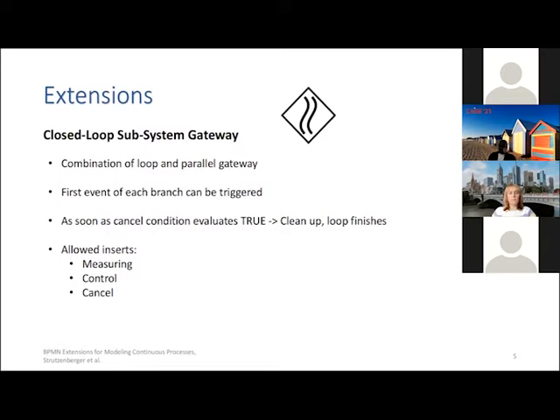It may have multiple branches, each one starting with one newly introduced event type: measuring, control, or cancel. As soon as a cancel condition evaluates true, a cleanup routine may run and the loop finishes.